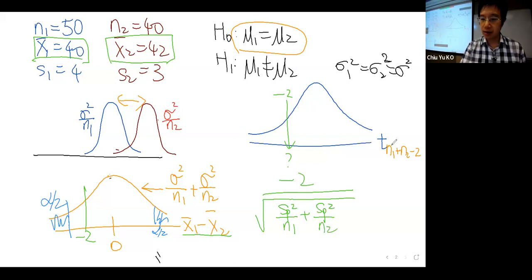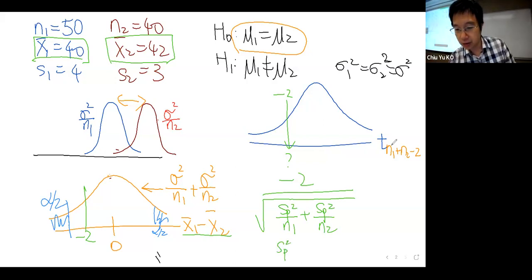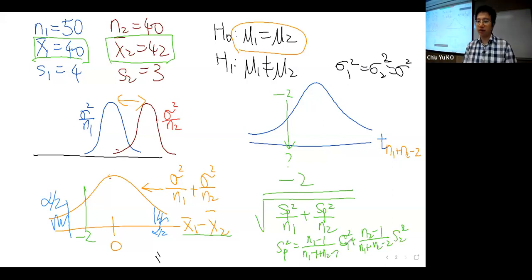What's SP? Remember, SP is the pooled estimate. SP squared is (n1 minus 1) S1 square plus (n2 minus 1) S2 square, all over n1 plus n2 minus 2. So that is the formula there.